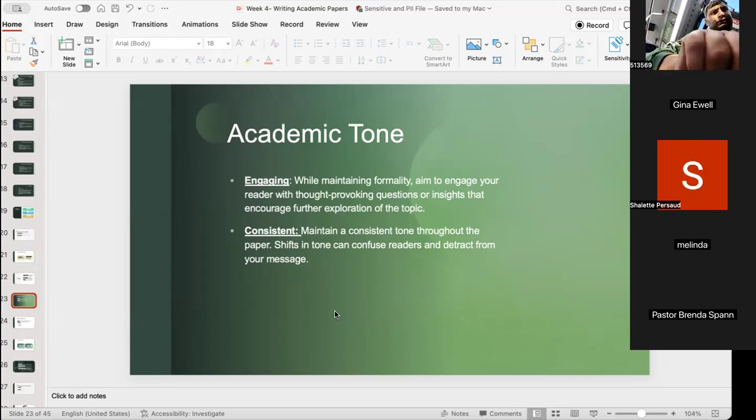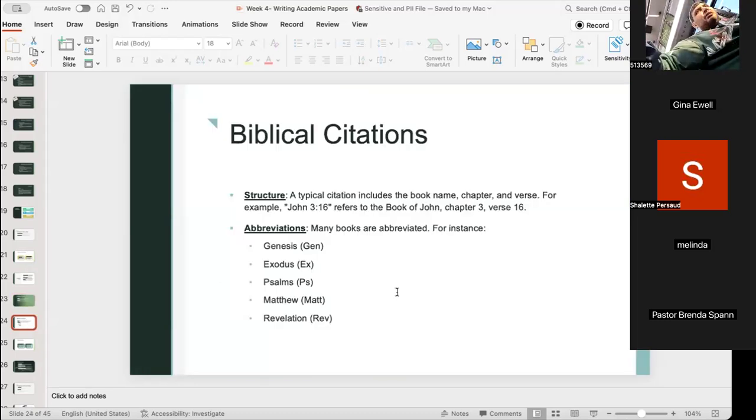And here we are again with our biblical citations. It's always tricky. So structure, a typical citation includes the book name, like you see here, John, chapter 3, verse 16.